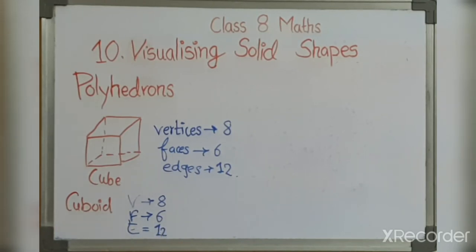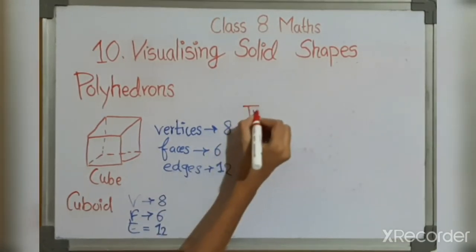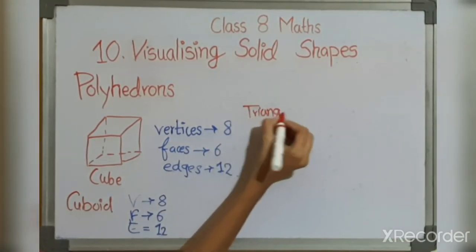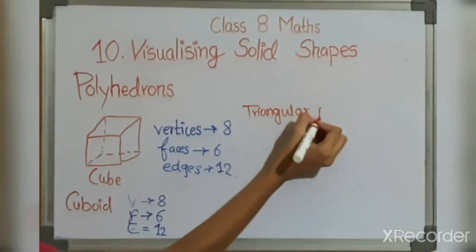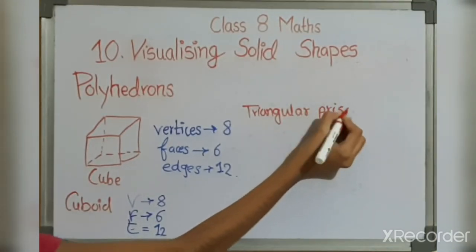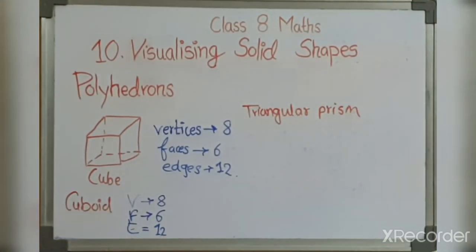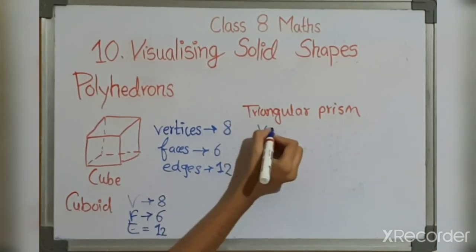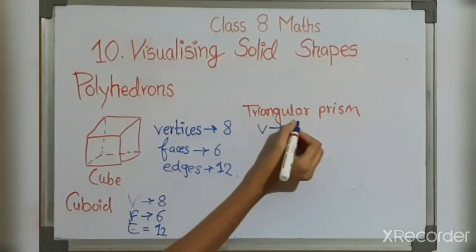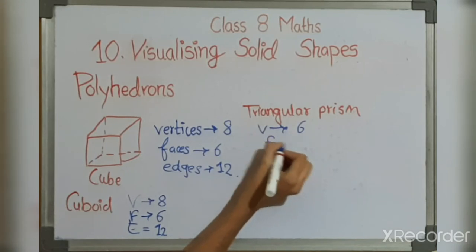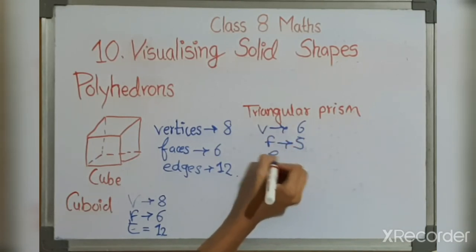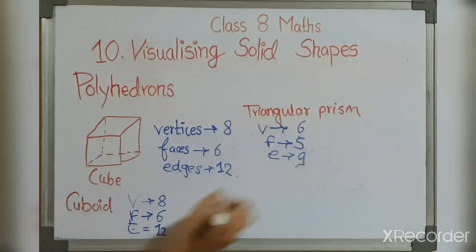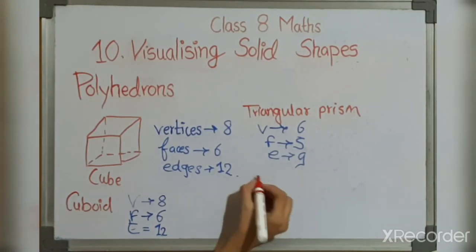Now let's see another one, that is triangular prism. So this is also polyhedron. It is having vertices 6, faces are 5 and edges are 9. Now another one is pyramid.